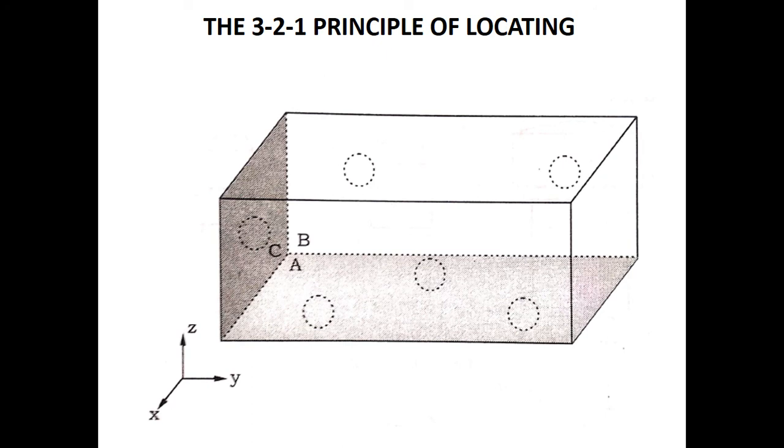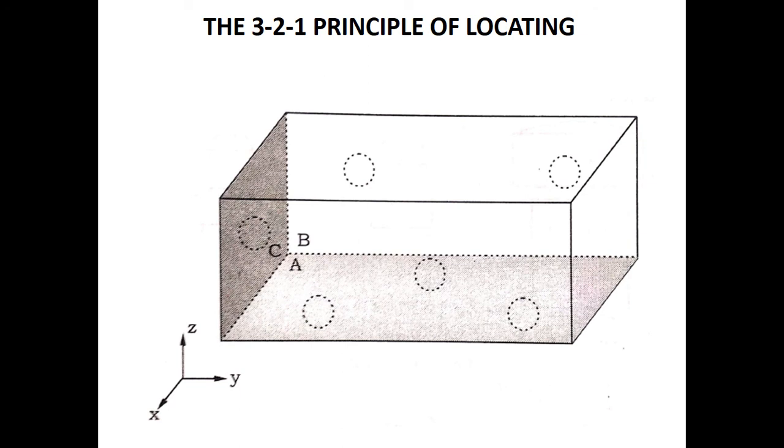Similarly, 2 rotations, one about the x-axis and one about the y-axis, are also arrested, both clockwise and anti-clockwise. So 1 plus 4, 5 degrees of freedom are arrested. Here the horizontal bottom surface of the block is the primary locating surface, and when it is placed on the 3 locating pins, 5 degrees of freedom are arrested.